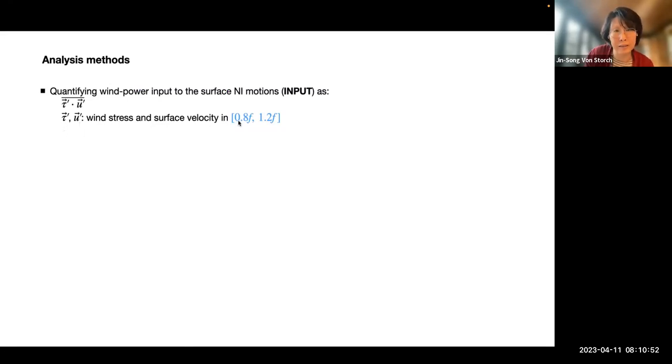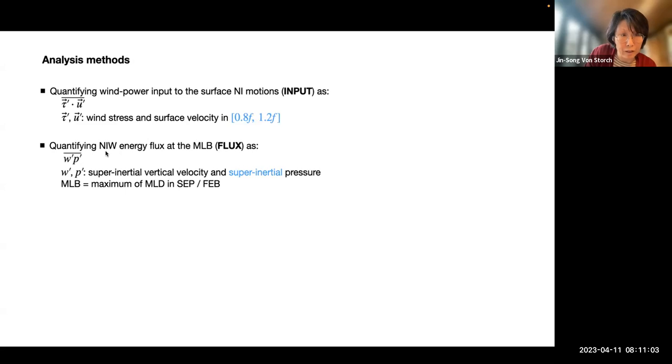That anomaly is band pass filtered variability in this near inertial range. And then we also consider the near inertial wave energy at the bottom of the mixed layer. This is a bit complicated quantity, and this is also a covariance.